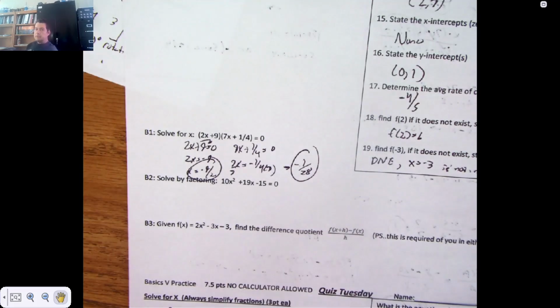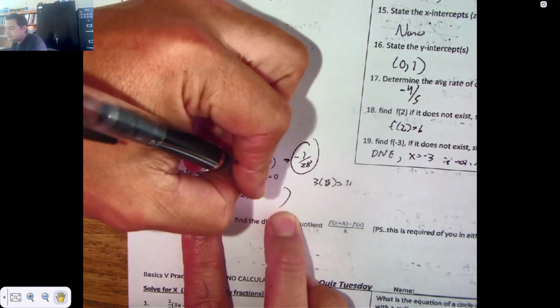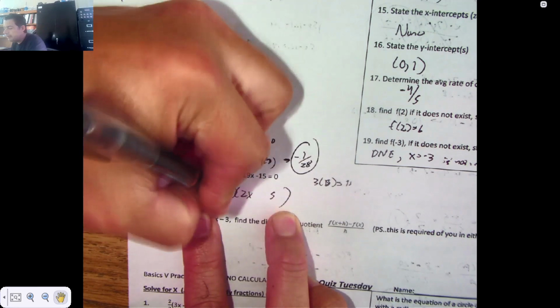Done. Solve by factoring. Guess and check technique. I think it's going to take a 5x and 2x. Notice I said think, didn't say know. Factors of 15 are 5 and 3. I know 3 times 5 is 15. Then placement. 5 and 3.